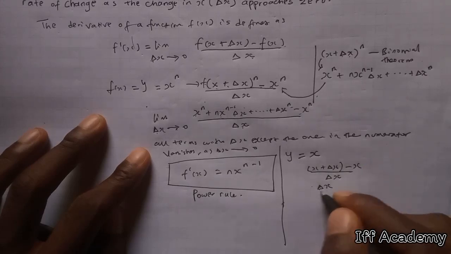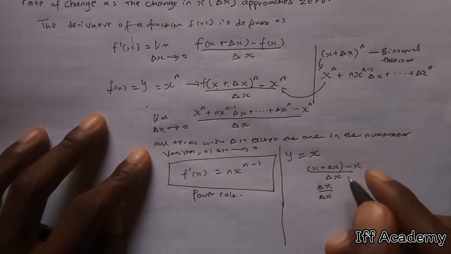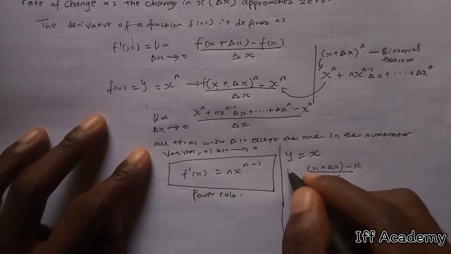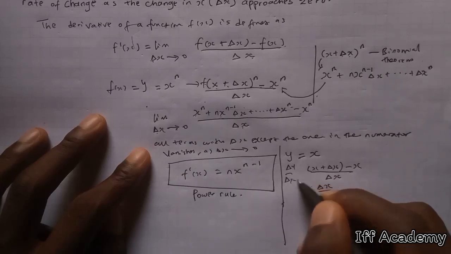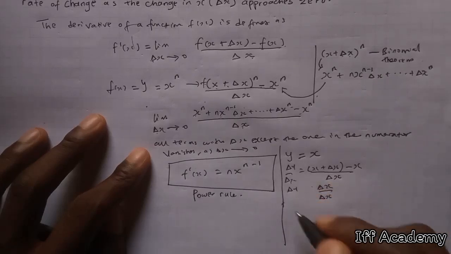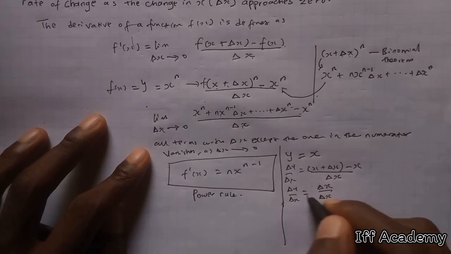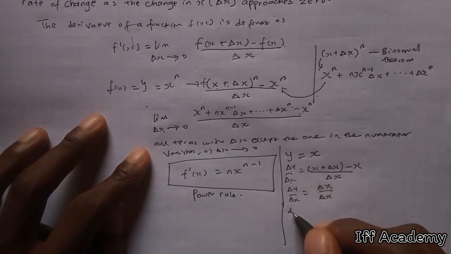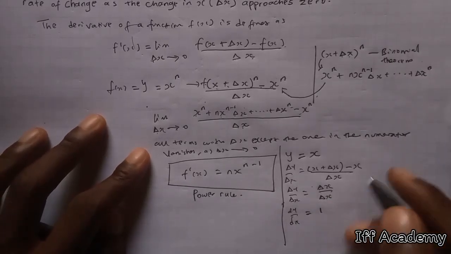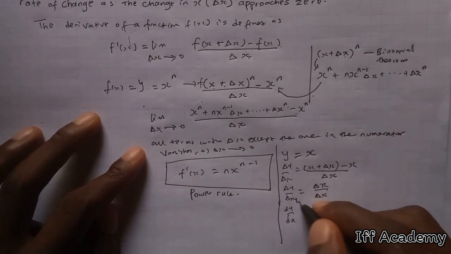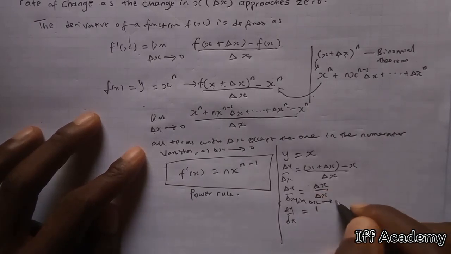So we have change in x over change in x. That is your change in y over change in x. So your dy over dx will be 1, because change in x over change in x is 1, and we take the limit as change in x approaches 0.